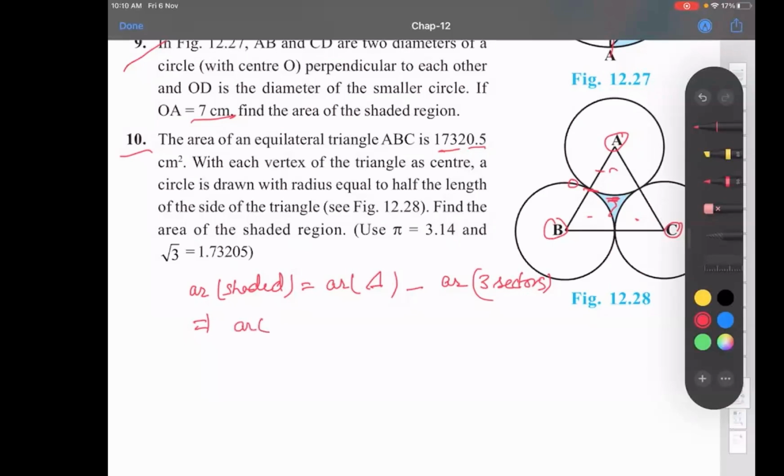By using area of triangle equal to root 3 upon 4 a square. Area of triangle is given to us.